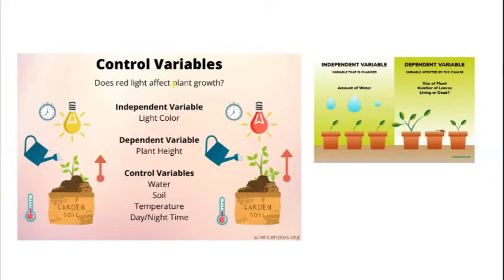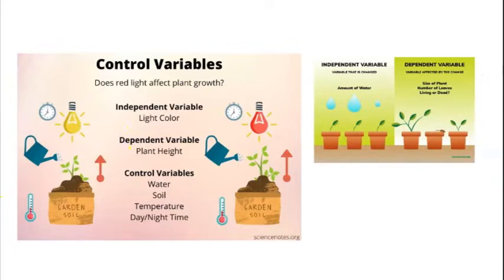And then for this next illustrative example, we would like to know whether this red light will affect plant growth. So what is our independent variable? The color of the light that we are going to use. Okay. And then for the dependent variable, what do we want to observe?